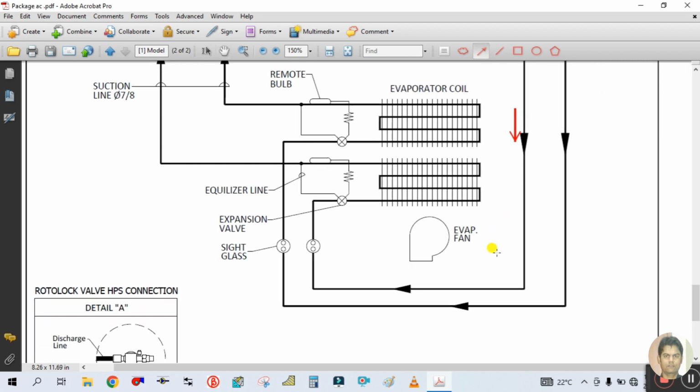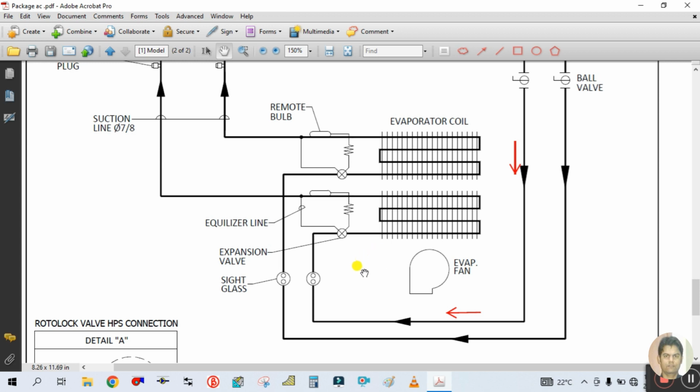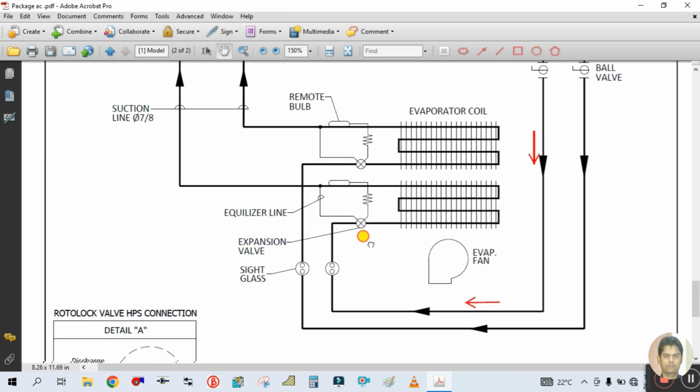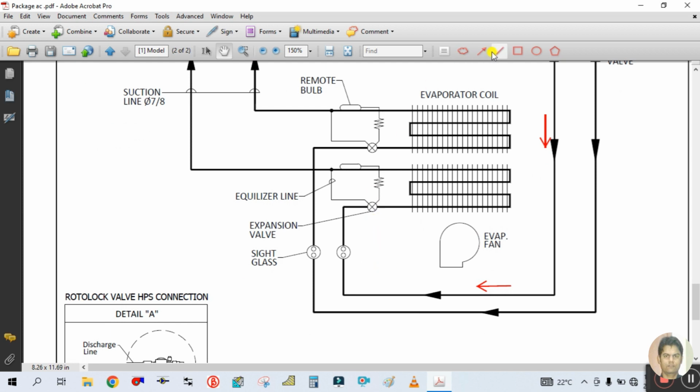It passes through this suction line, and then the refrigerant enters this expansion valve.